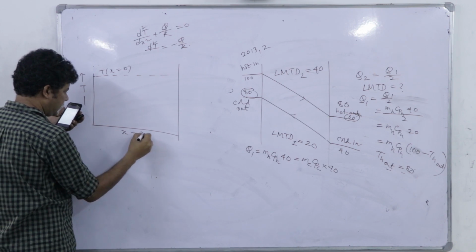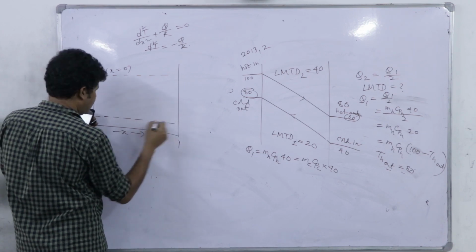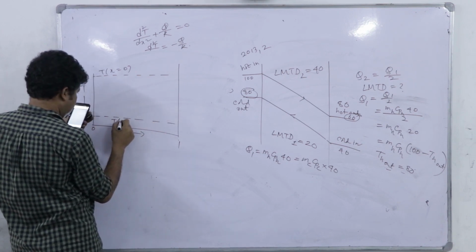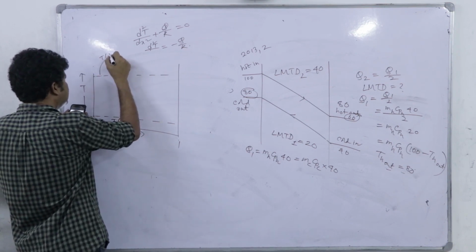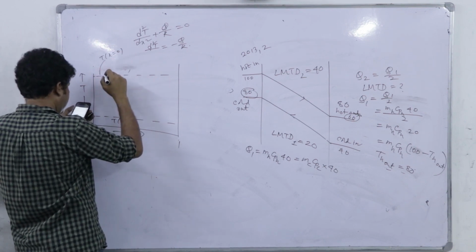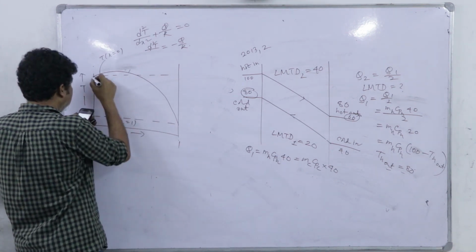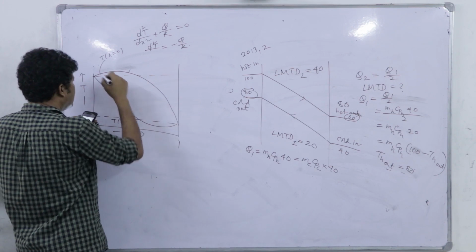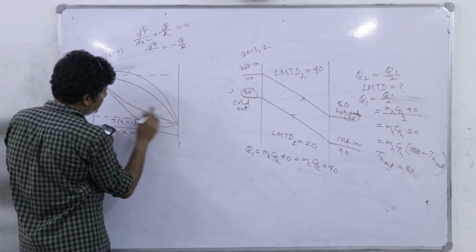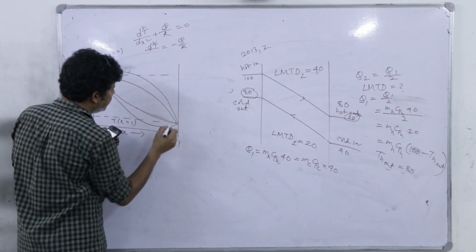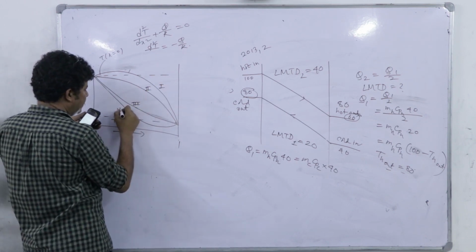This is x, 0 and 1, and this is T at x equal to 1 and T at x equal to 0. So 1, 2, 3 and 4.